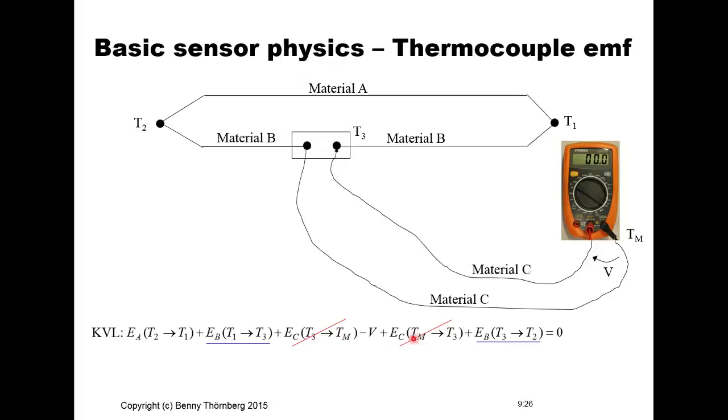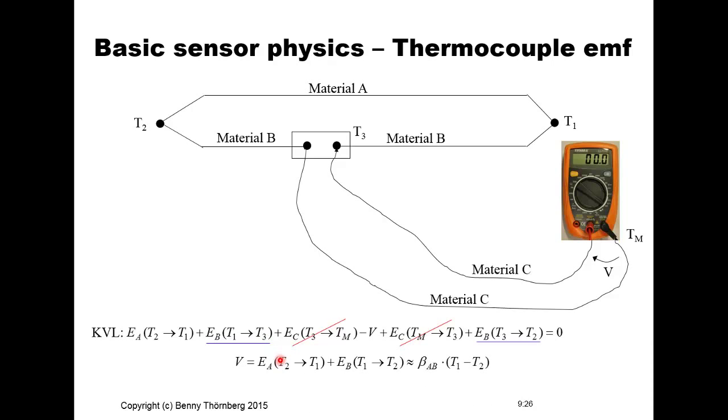And if you look at these two terms, the blue ones here, the voltage EB from T1 to T3 plus the voltage EB from T3 to T2, that should be basically equal to the voltage over material EB from T1 to T2. So we can eliminate the point of T3.